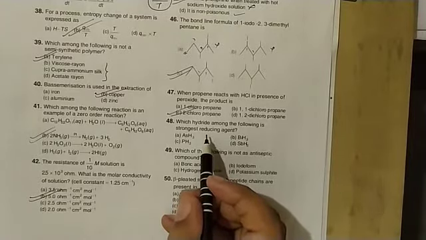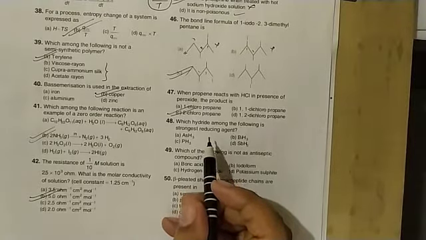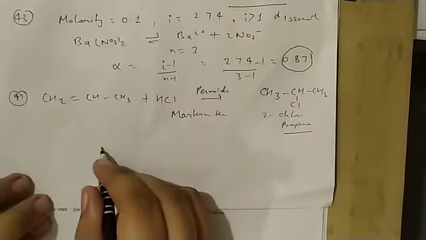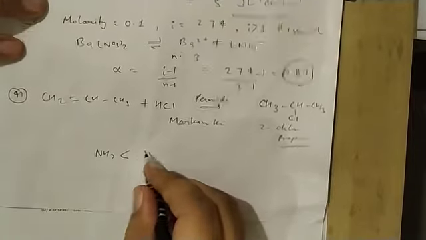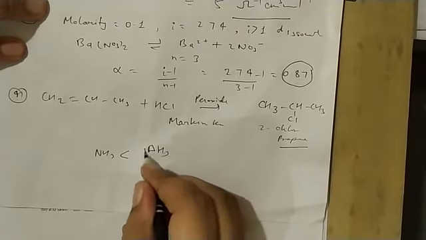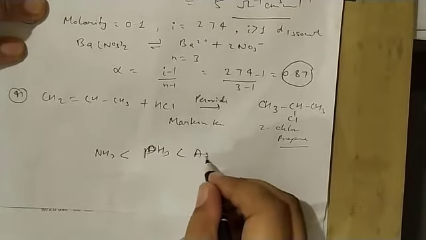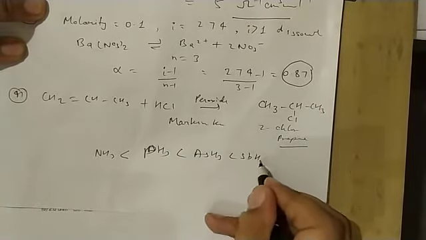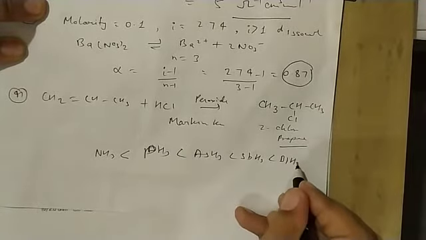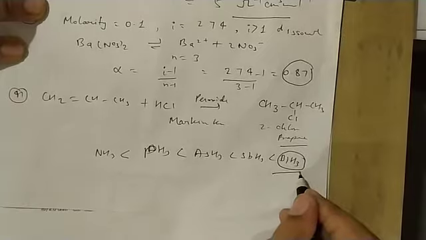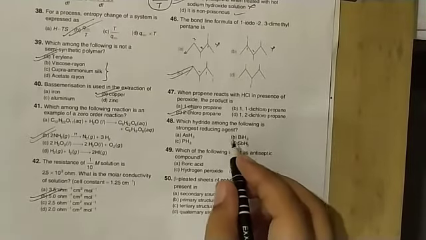So order of reducing character will be NH3, then PH3, then AsH3, then SbH3, and then BiH3. Strongest reducing agent will be BiH3. So option number B will be correct in this case.